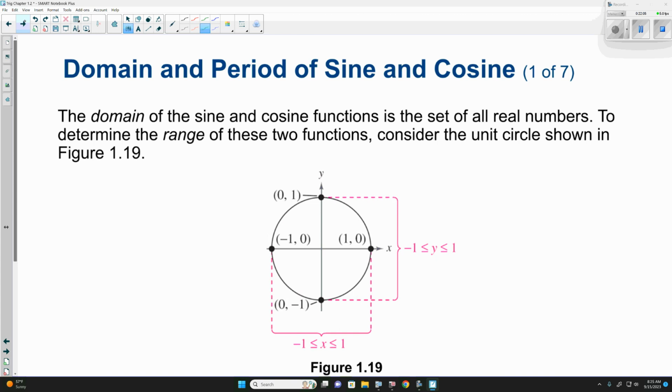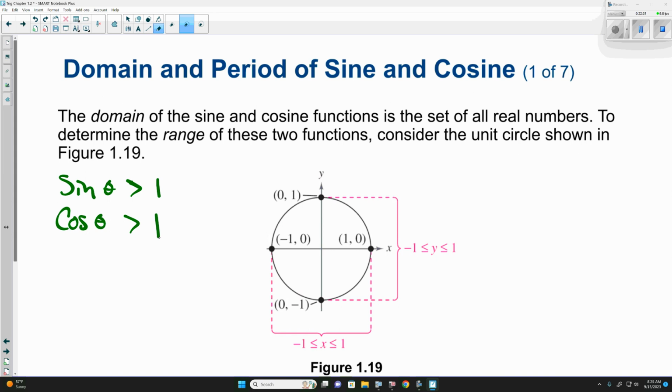And the y values are going to be between -1 and 1. And really, for sine of an angle and cosine of an angle, for both of these, we're never going to get the case where they're greater than 1 or less than -1. This is not going to work because they're restricted between -1 and 1.